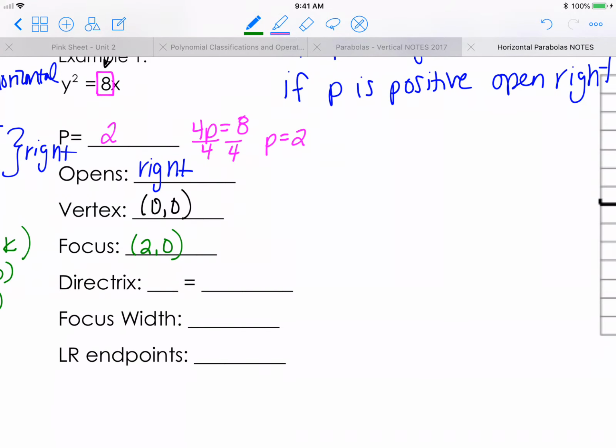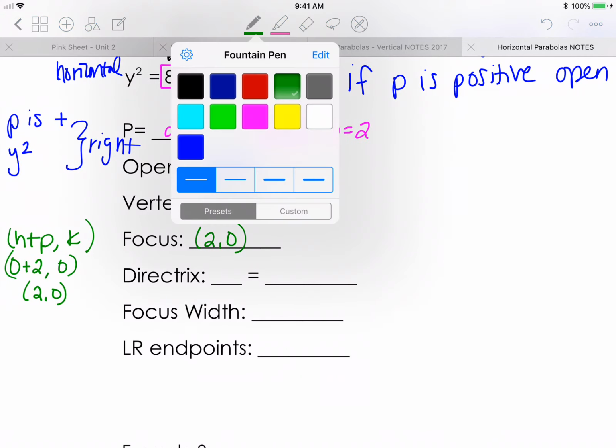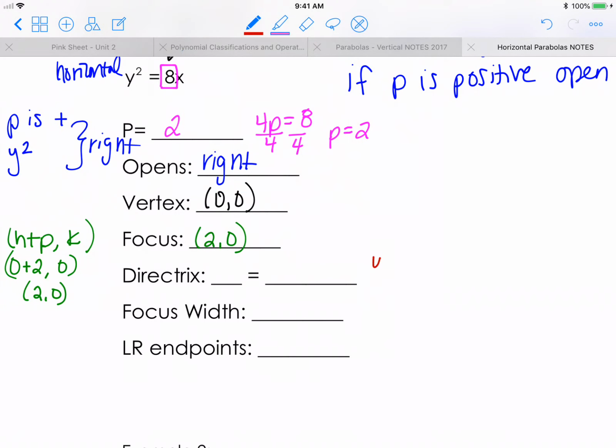Okay, let's look at our directrix. I'll do this in red this time. So directrix is equal to, if we look on our chart, this time, it's not y, it's x equals h minus p. So x equals, your h is 0 minus your 2.